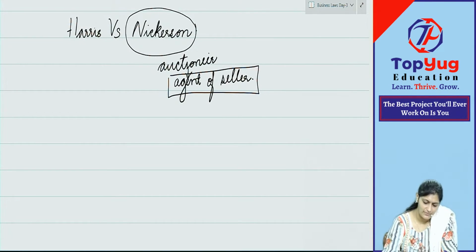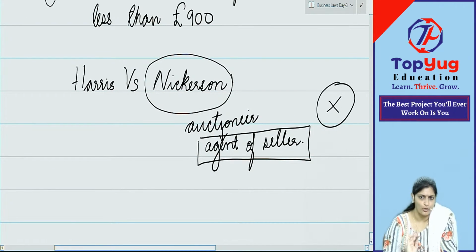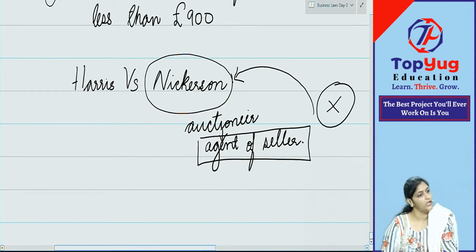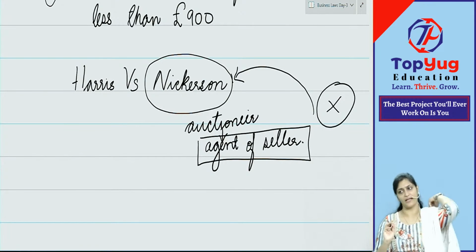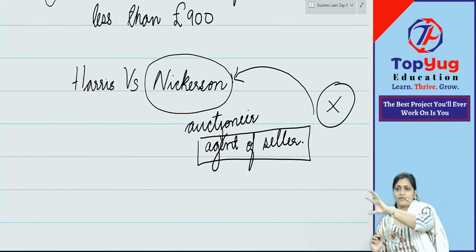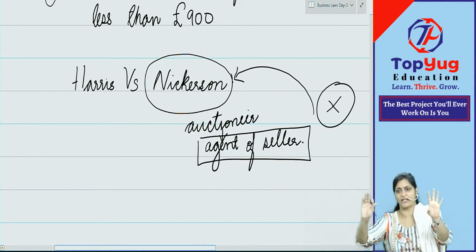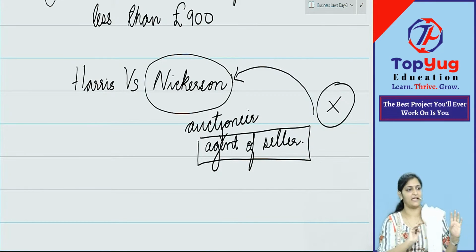So what they do, say Mr. X is having some property, so he is appointing this person Nickerson to do what? To do auction, to perform auction. So he'll start putting advertisements. See, this advertisement, on this day, this point of time, this place, we are going to do auction of these things, this material, this furniture, this painting, whatever it is.